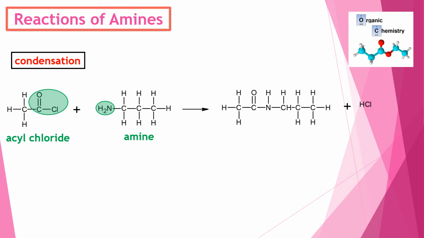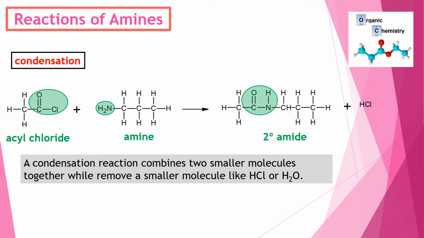This is called a condensation reaction, where we join two or more molecules together, but in the process release a small molecule. Now the small molecule we release is usually hydrochloric acid or H2O, depending on what the two molecules are that we put together.